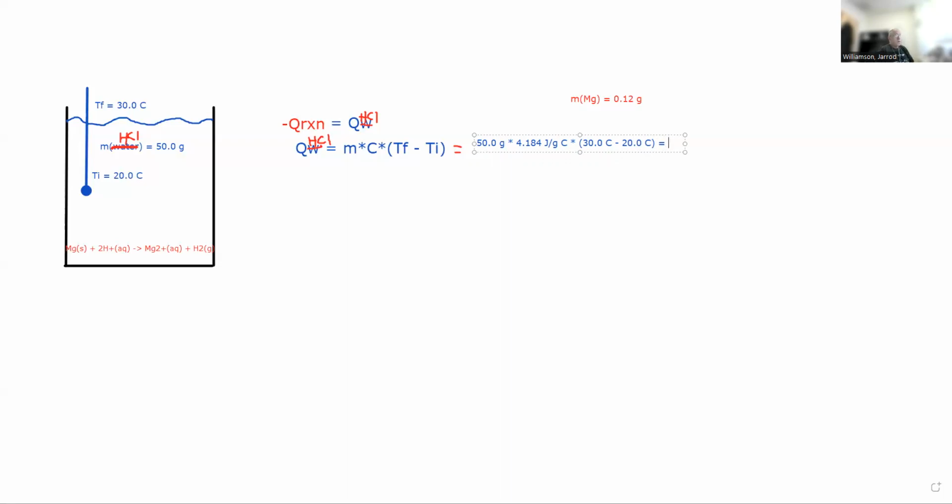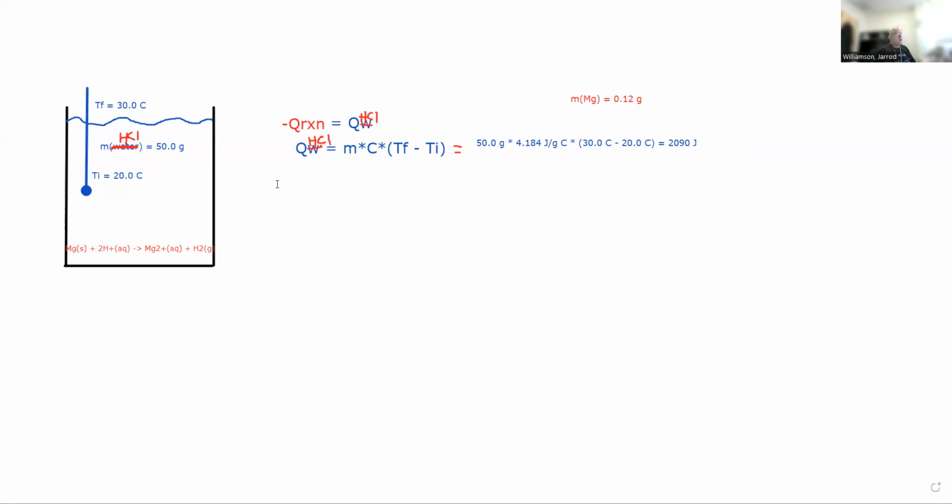So we're going to go 50 times 4.184 times 30 minus 20, which is 10. And that gives me basically 2090 joules, which is how much heat energy the water absorbed.